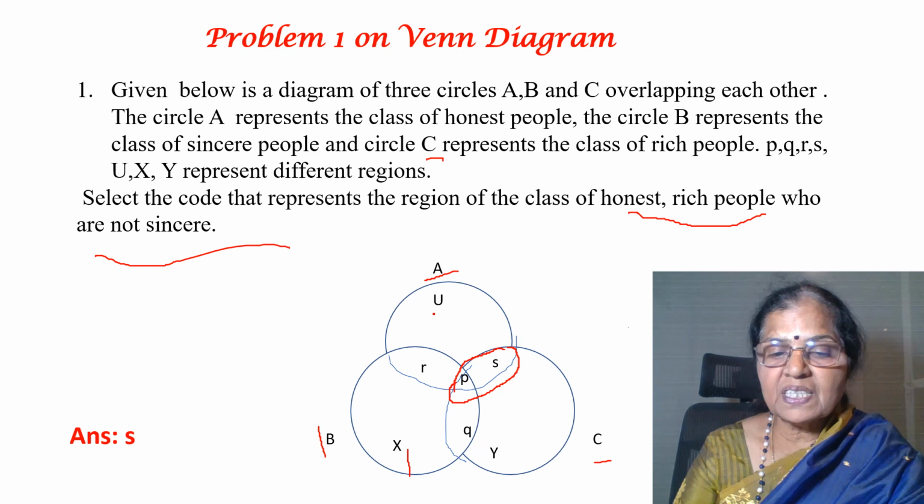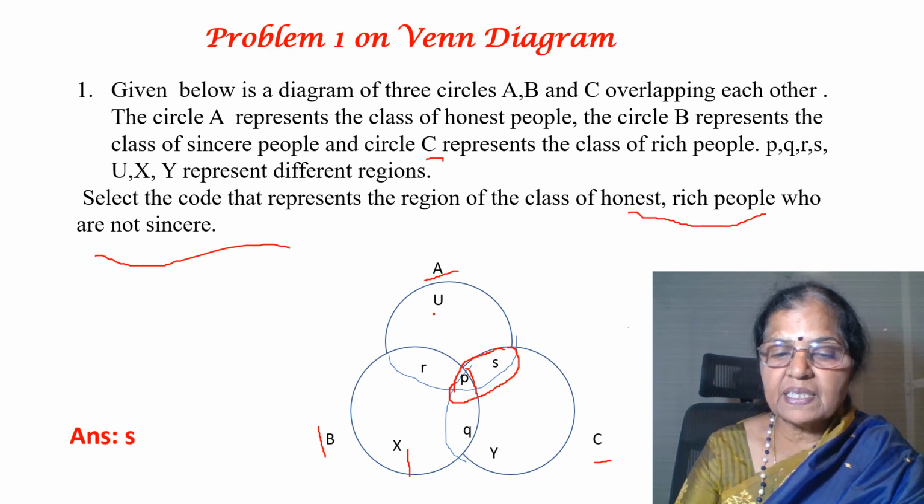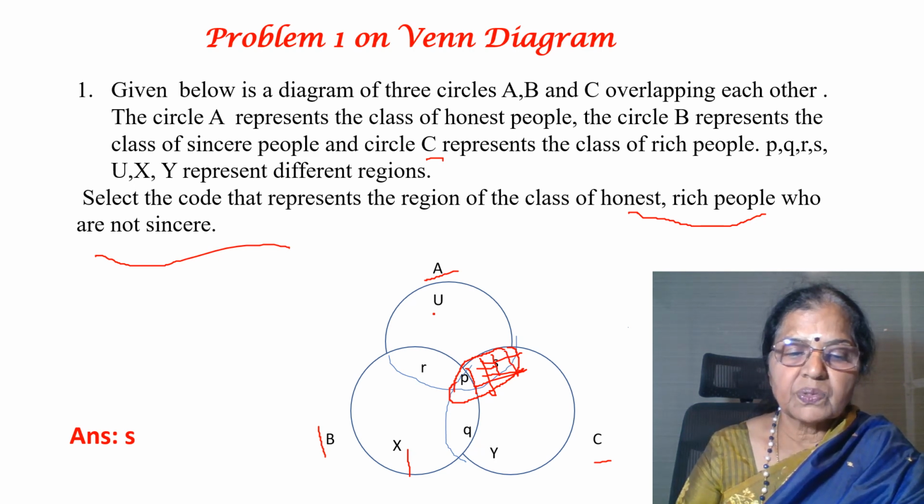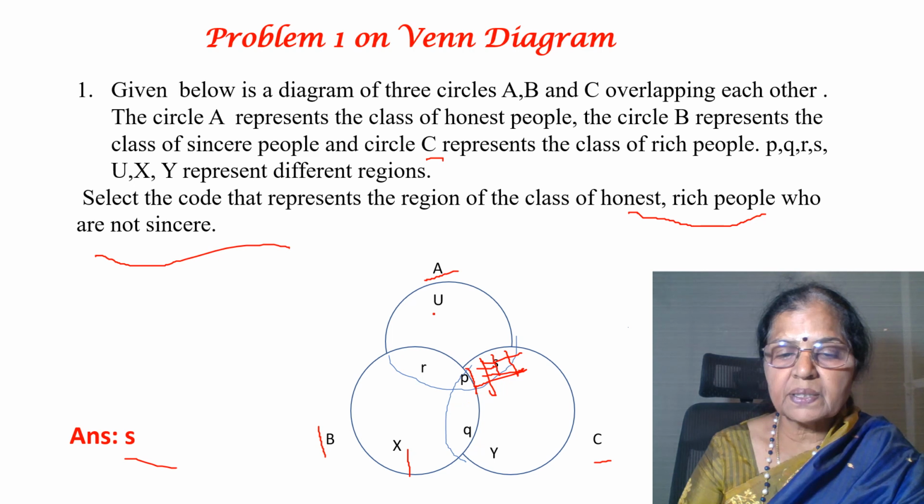But we don't want sincere, so remove this region, P region. The P region should go off. So what is remaining? Yes. So this region alone is people who are honest, and this region who are rich but not sincere. So the answer is yes. So I will delete this so that it is clear to you.